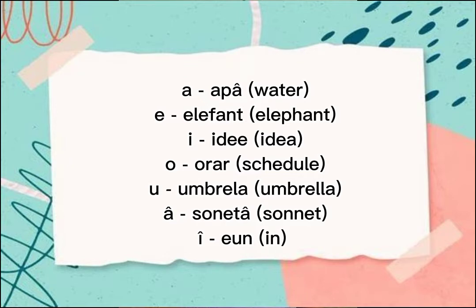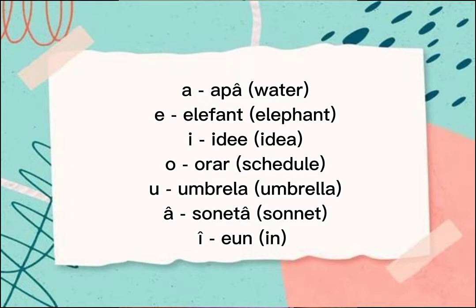The letter I, transcribed in Romanian as idee, which means idea. And the letter O, transcribed in Romanian as orar, which means schedule.